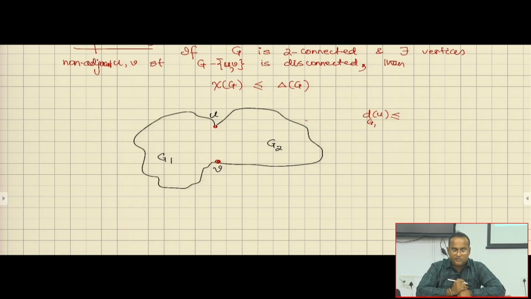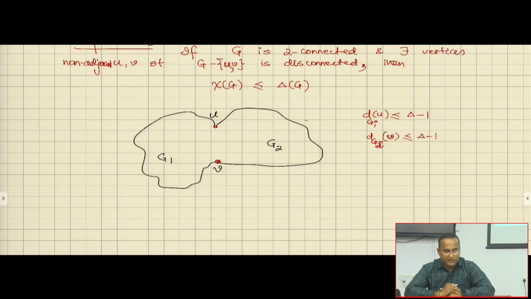What is the degree of U in G1? Less than or equal to delta minus 1, and the degree of V is also delta minus 1, right?